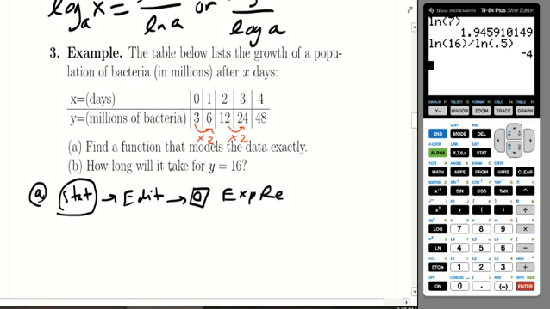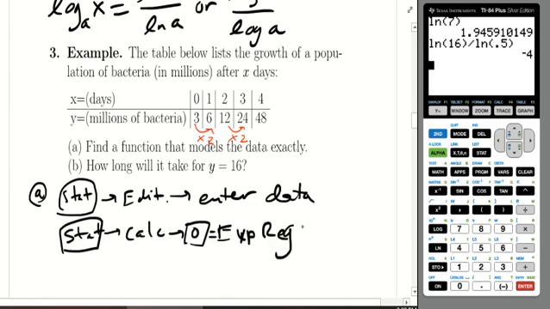Start with stat, edit, enter the data into the lists. But then stat, calc 0 is the exponential regression that we could use to find the function that models these data exactly.